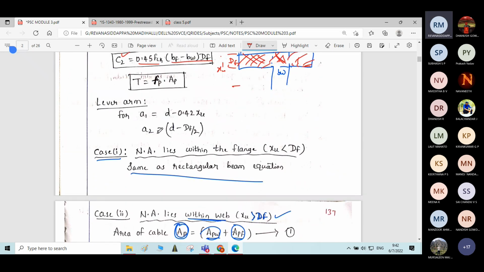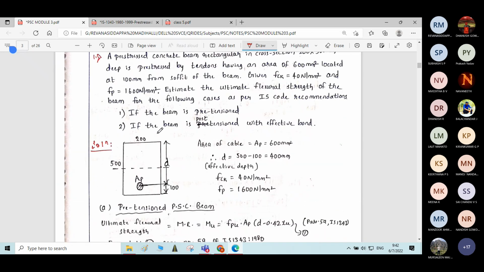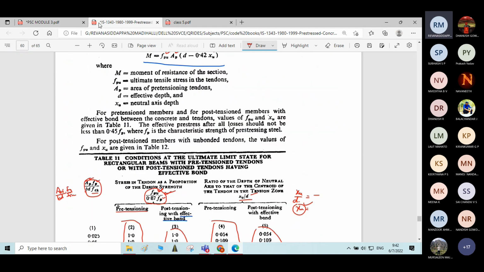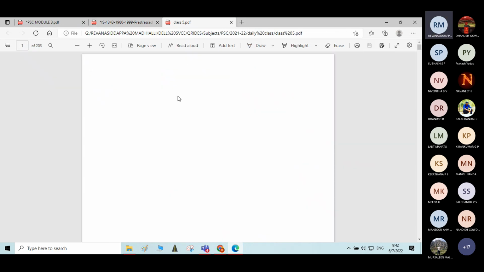So I hope you got some idea on analysis of PSC beam. Now we will move on to solving the problem. Just write this problem, students.